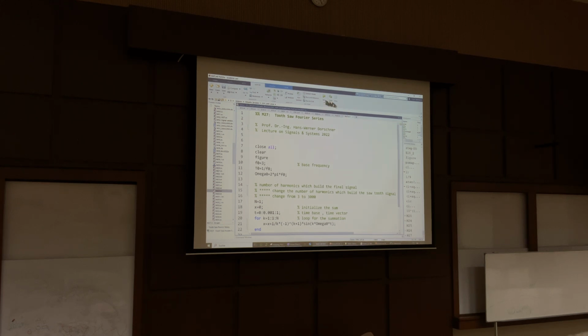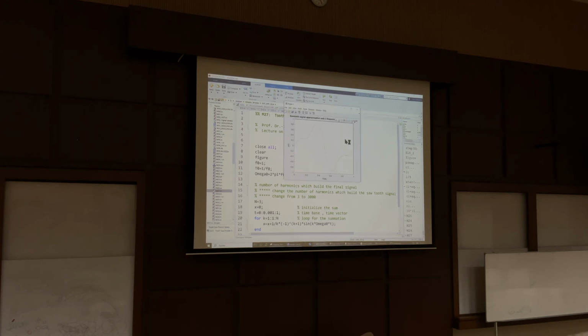So I overlay now 3 sinuses according to the function. Oh no, what did I do? I changed the wrong number. F0 is 1, yes. I had to change this one here. So that was now 3, for example.